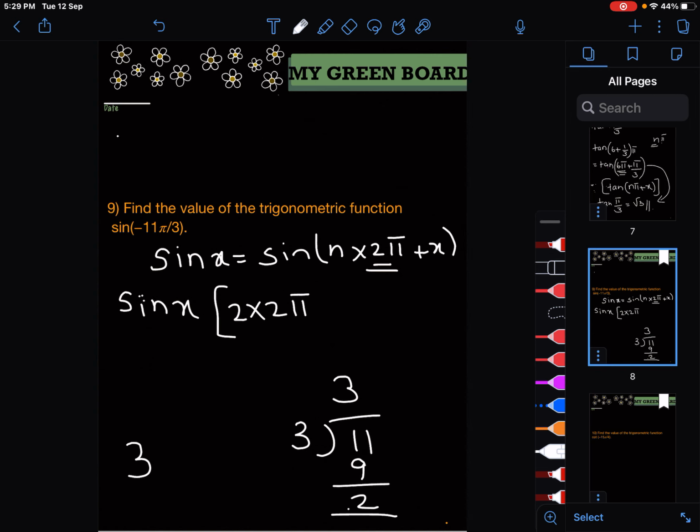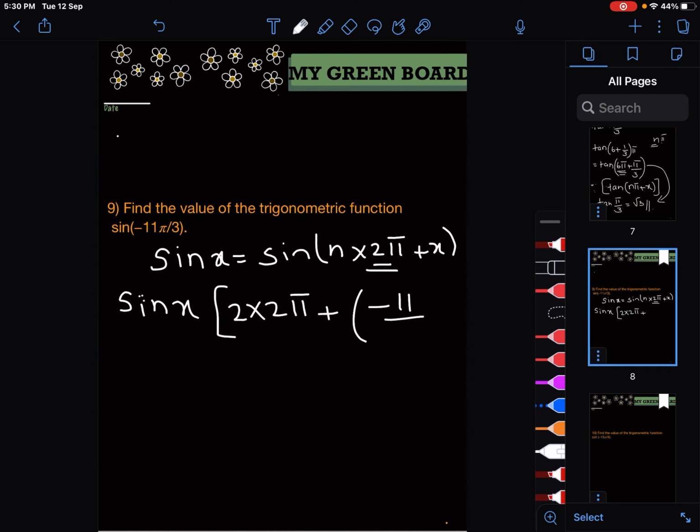So I am writing in terms of 2 pi: 2 into 2 pi plus minus 11 by 3 pi. Okay children, got it? I'll write it clearly.